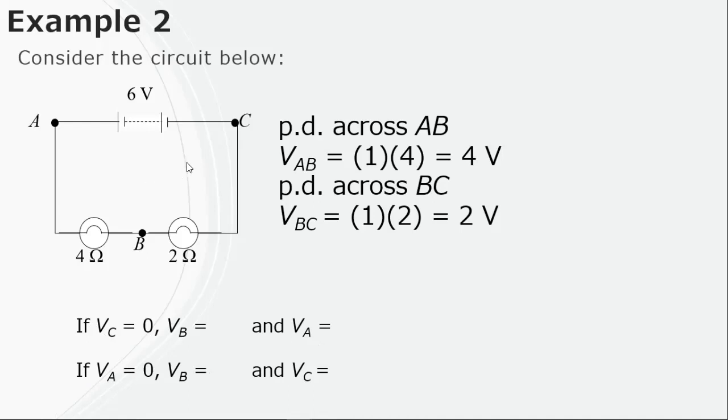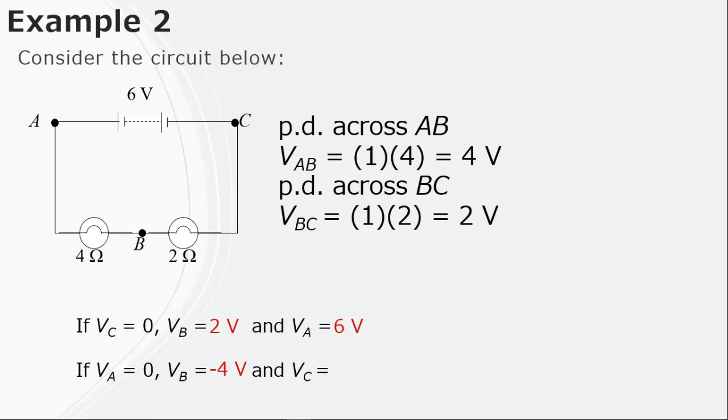In this case, if C is 0, therefore the voltage drop at B will be equal to 2, while the voltage drop at A will be equal to 6. If 0 is the voltage drop at point A, therefore the voltage drop at point B will be negative 4.